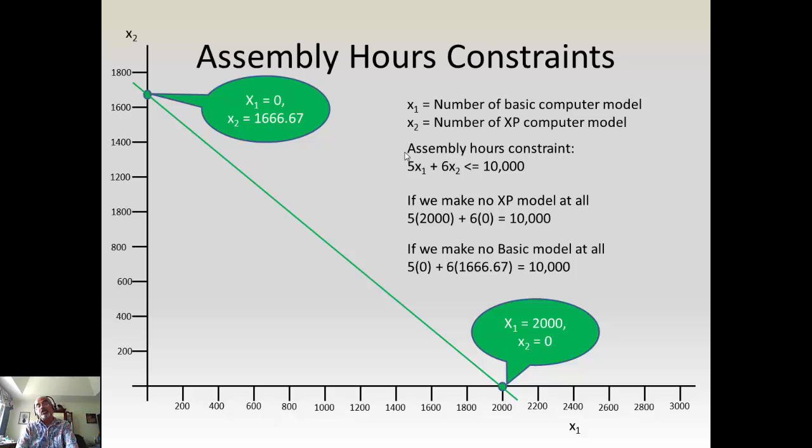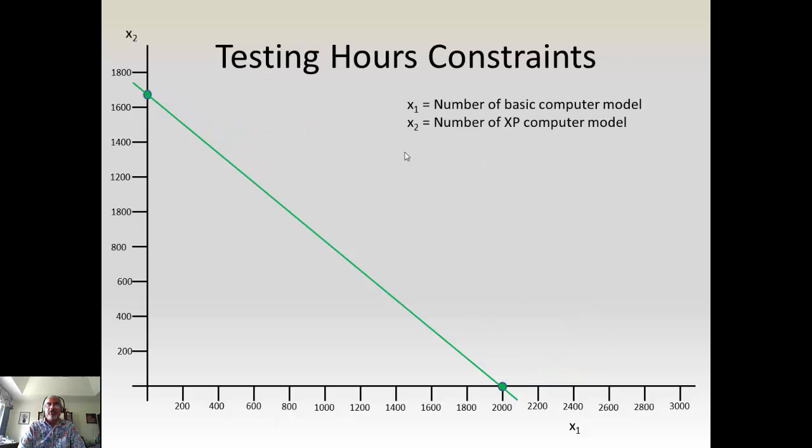Now this is not the only constraint, so let's now bring in the testing labor constraint, and we need 1 hour of testing labor for a basic computer, 2 hours for XP. So this expression will give you the total testing hours we will use, and that has to be less than or equal to 3000. Let's plot this line again by setting this expression equal to 3000.